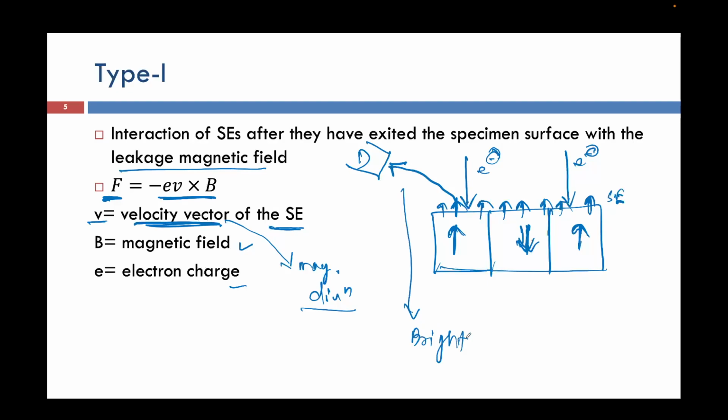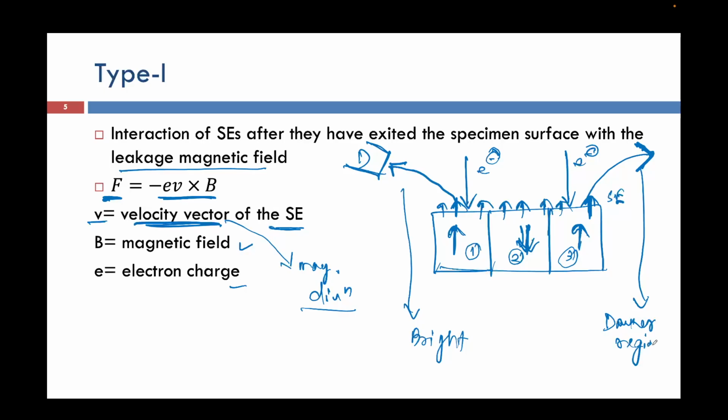When the force acting on my secondary electron is taking them away from the detector, that means I'm not able to collect as many secondary electrons as I wanted from that region. Let's say region 1, region 2 and region 3. The force that my secondary electrons experience from region 3 is driving them away from this detector. That means this region will be a darker region.